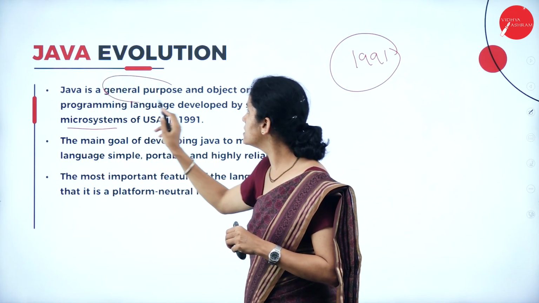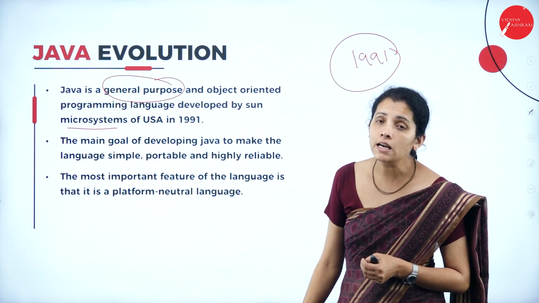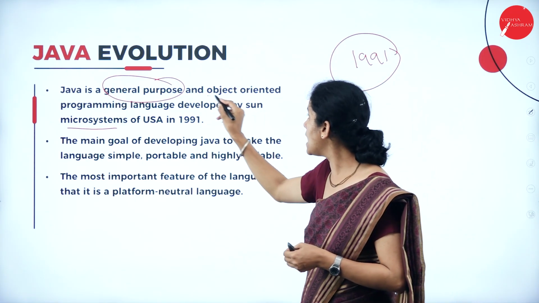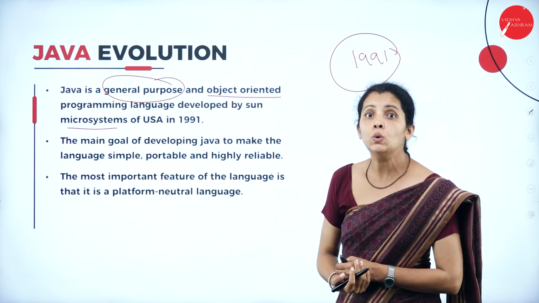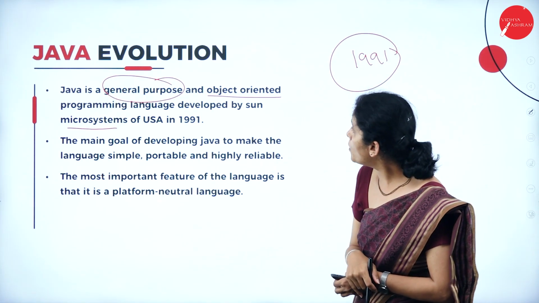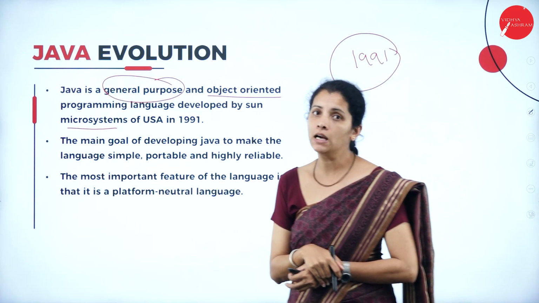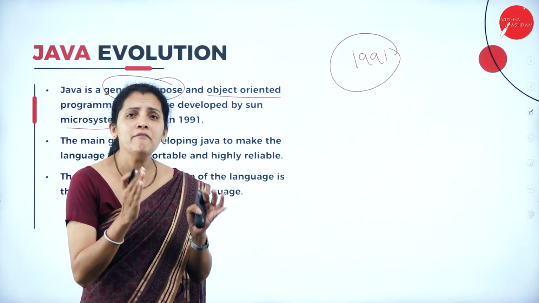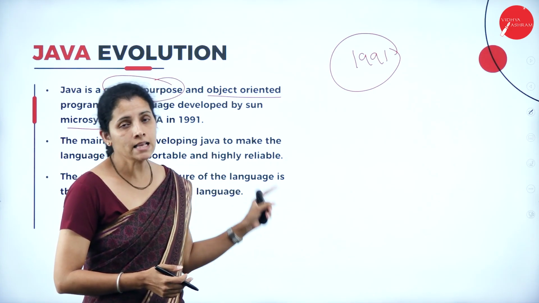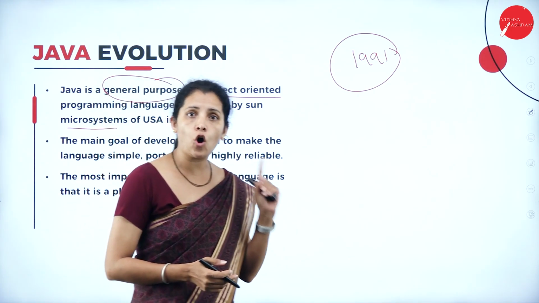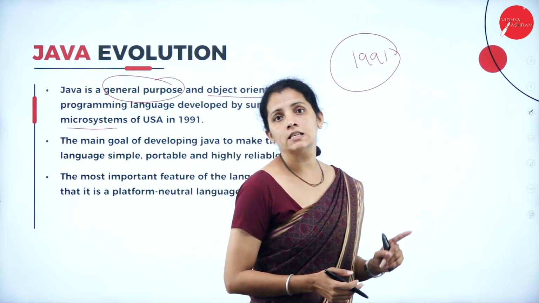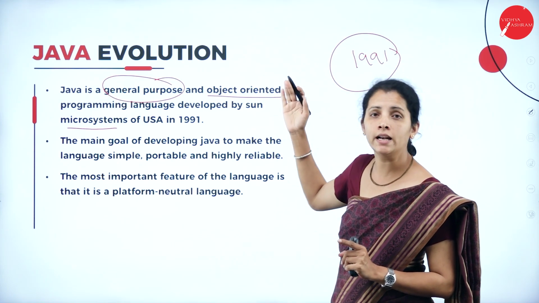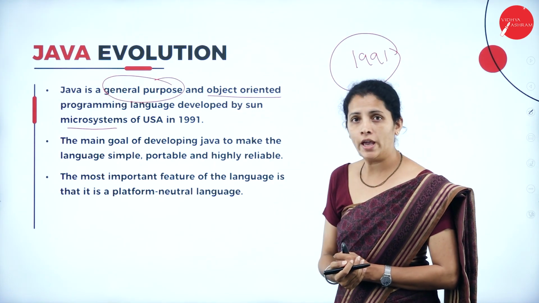For that reason, it is known as a general purpose programming language, as well as by the name object-oriented programming language. That means in Java, everything is treated as classes as well as objects. For that reason, it is also known by the name object-oriented programming language.